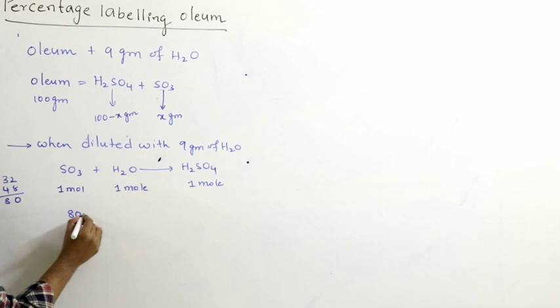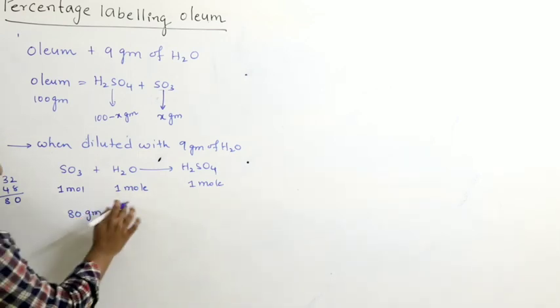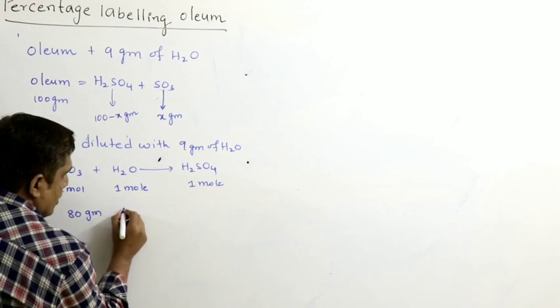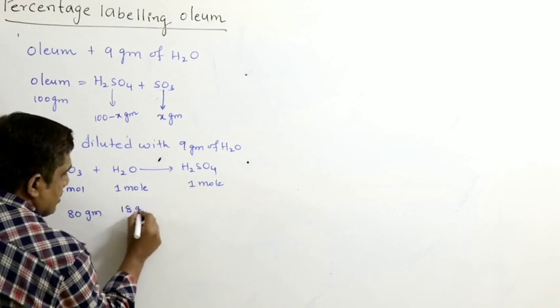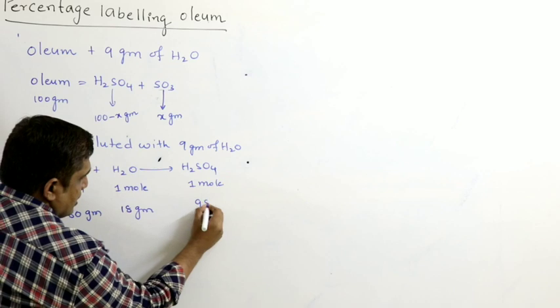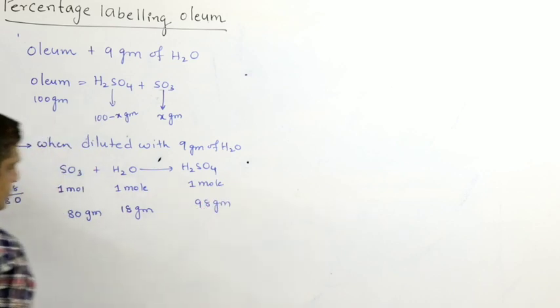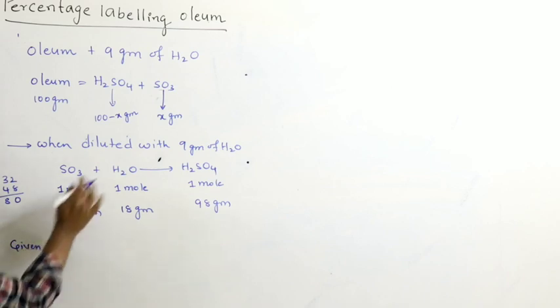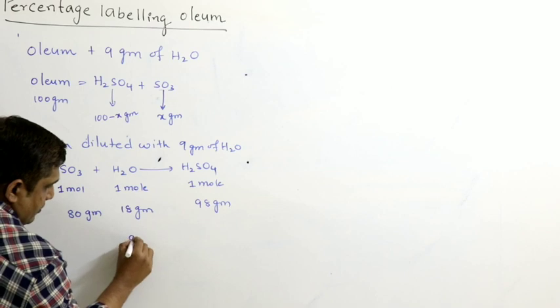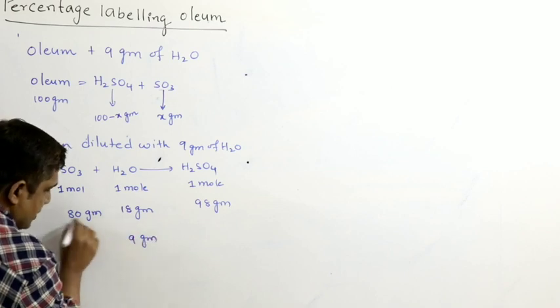So 1 mole of SO3 is nothing but 80 grams. 1 mole of water is nothing but 18 grams. 1 mole of H2SO4 is nothing but 98 grams of H2SO4. This is the stoichiometric relation. But what is given for us? 9 grams of water we are adding. So we are assuming this as X.